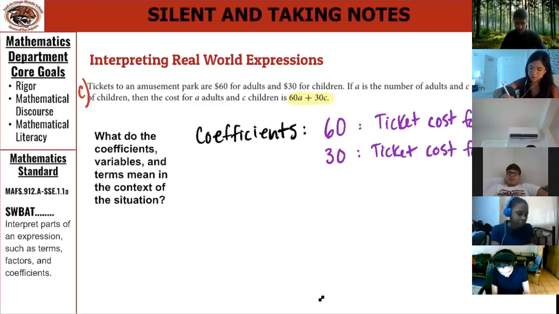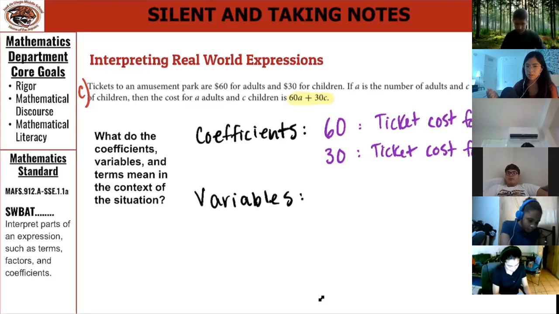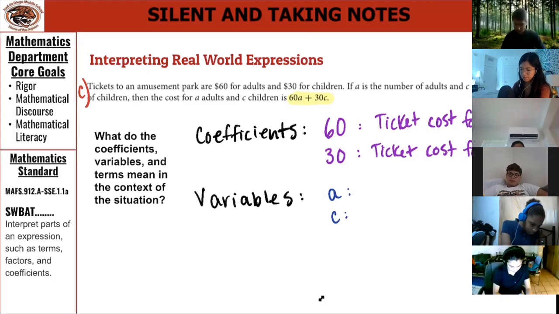That's our coefficients. Then we're going to talk about the variables. What are my two variables? A and C. Good, A and C. And we're going to read it straight from the problem. What does A represent?